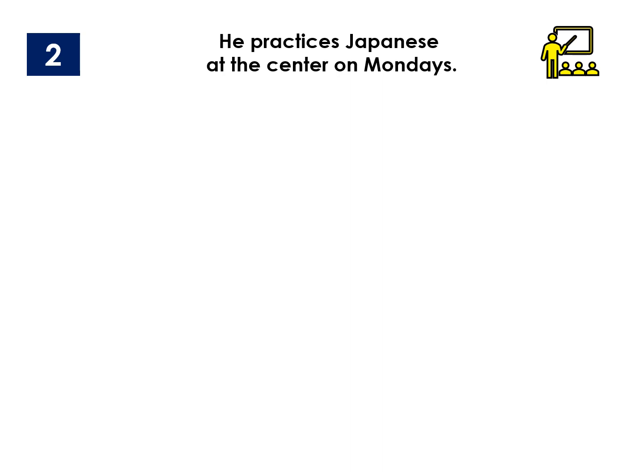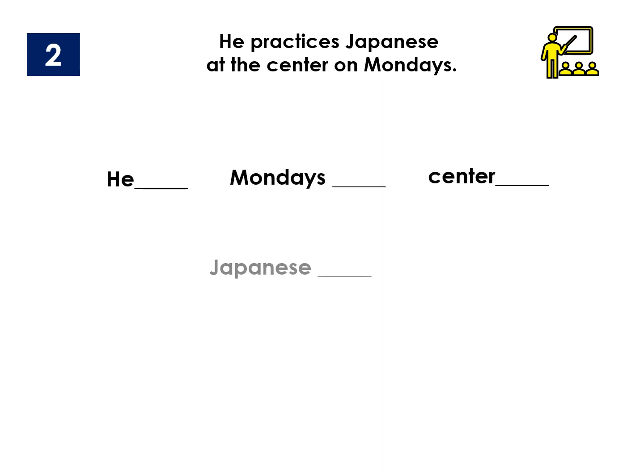Next sentence. He practices Japanese at the center on Mondays. The elements are he, Mondays, center, Japanese, and the verb practices. He can be the topic of the sentence, so it takes the particle wa. It can also take ga as the subject of the sentence. Mondays is a specific time expression, so it takes the particle ni. Center is the location of the action, so it takes de, practice where, at the center.